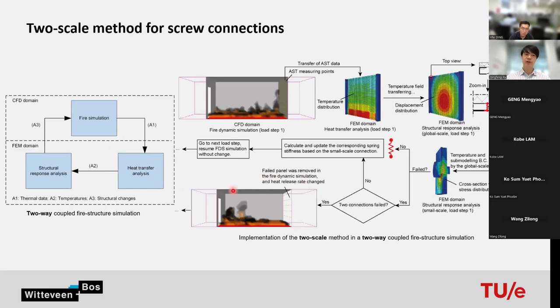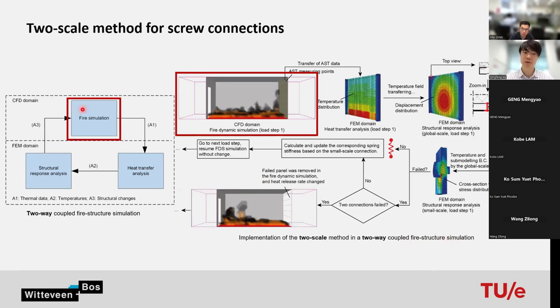Then I incorporate this two-scale model in a two-way coupled fire structural simulation. For the coupled fire structural simulation, we first start with this fire dynamic simulation, where we can obtain the temperature field around the sandwich panel system.